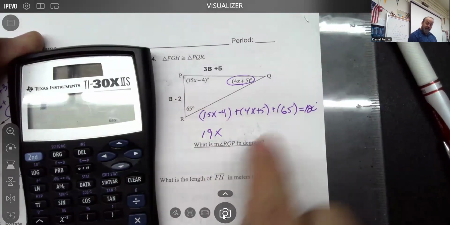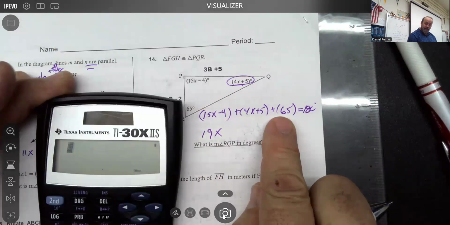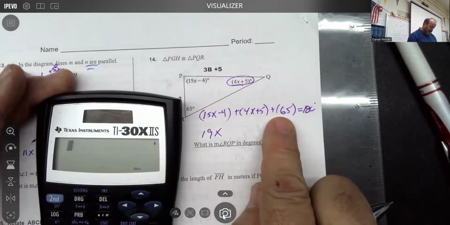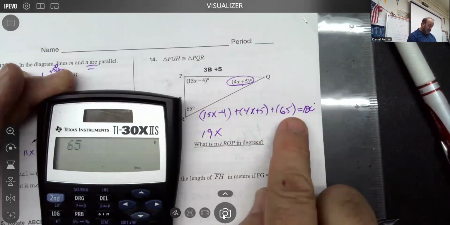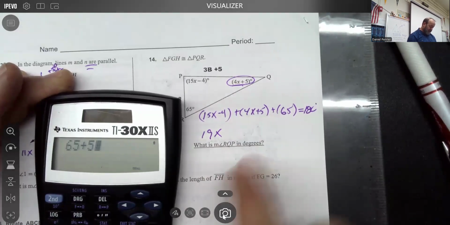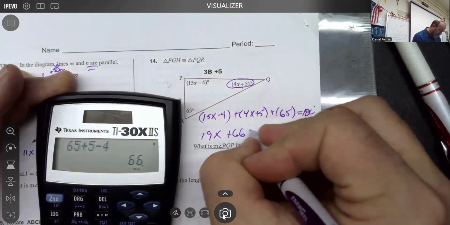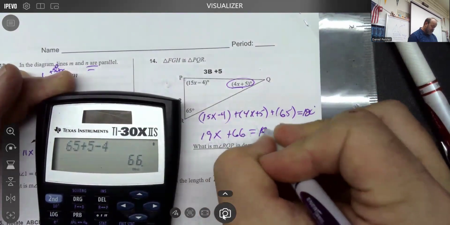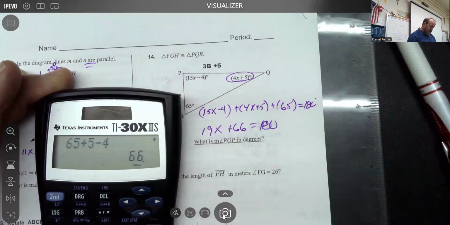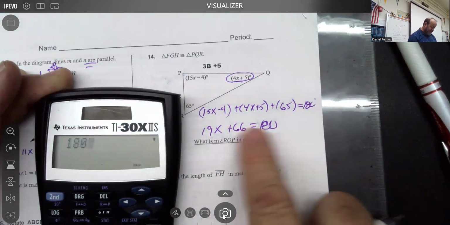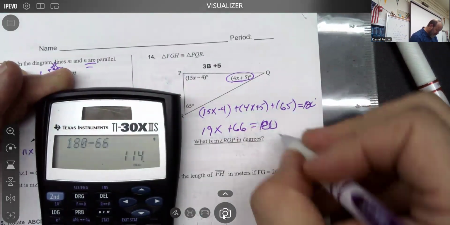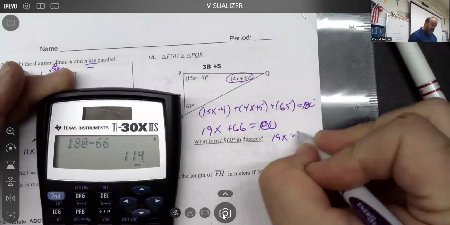I've got 65 here. Looking at my like terms, plus 5 from here, and I lost 4 from there. I got plus 66 is 180. So I'm going to go ahead and subtract 66 from both sides, and I've got 19x is 114.